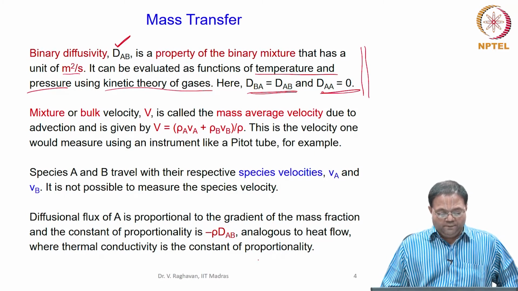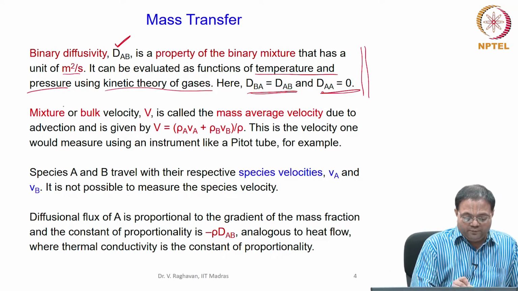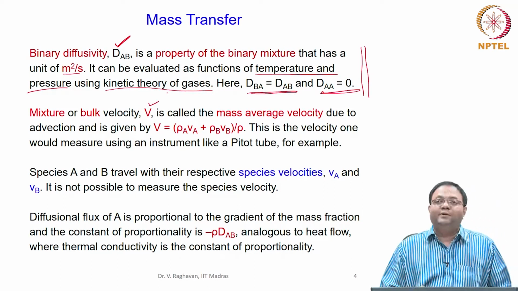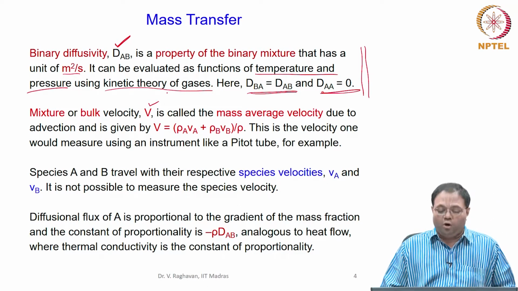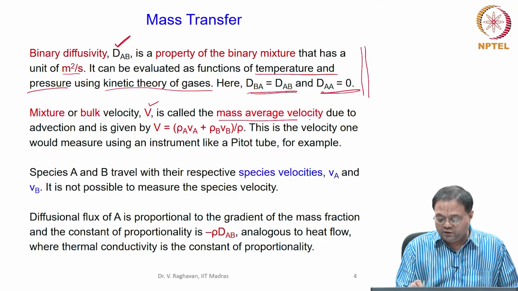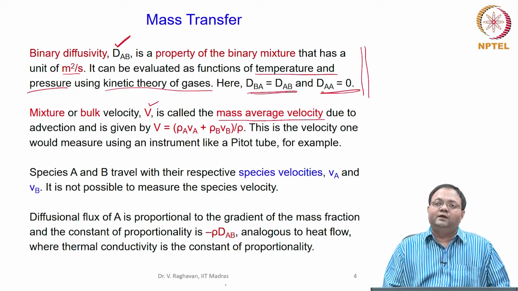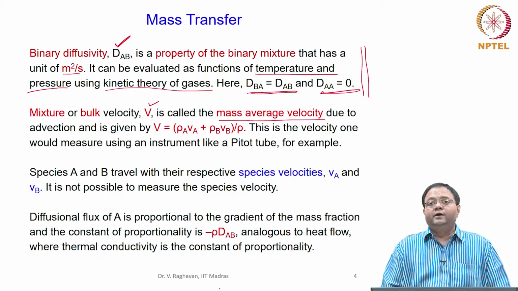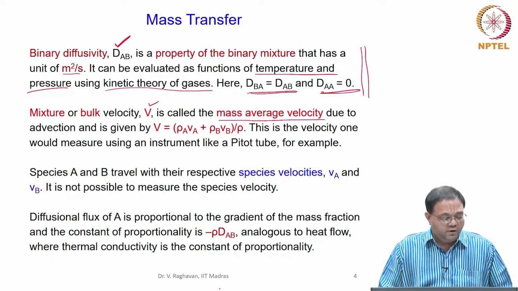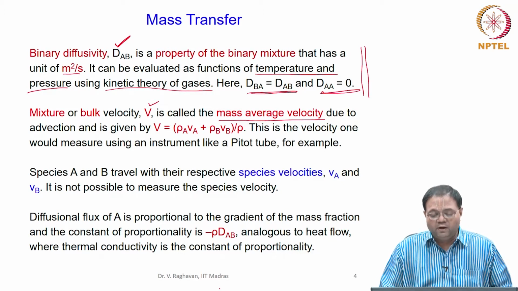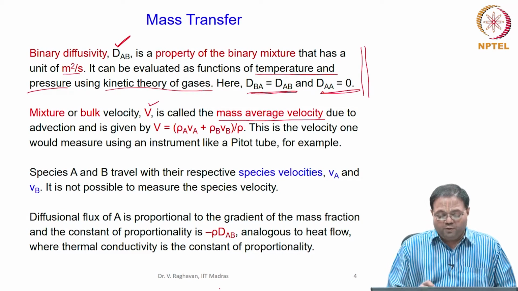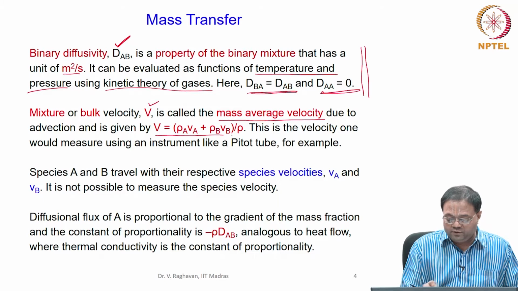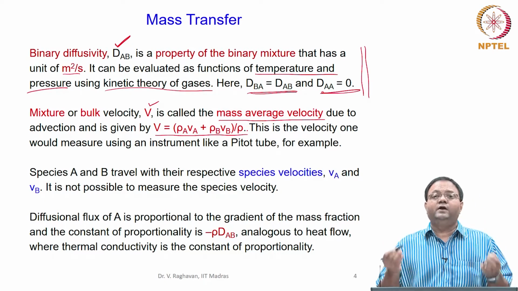Then the mixture velocity or bulk velocity, capital V, is also called the mass average velocity. Please understand that we are writing the concentration gradient in terms of mass fraction here, as in the previous slide. So, what you end up getting is the mass average velocity, the mixture velocity. This is the velocity which we can measure.